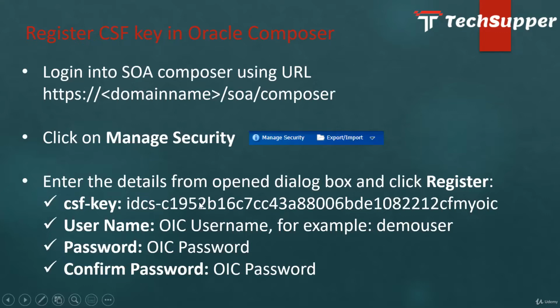The CSF key will be the combination of your IDCS identity domain plus your service instance name. Then it will ask for the username, wherein you need to enter the Oracle Integration Cloud username. For example, if your username is demo user, you need to enter demo user. And then the password will be your OIC password of the same user, and then confirm password.